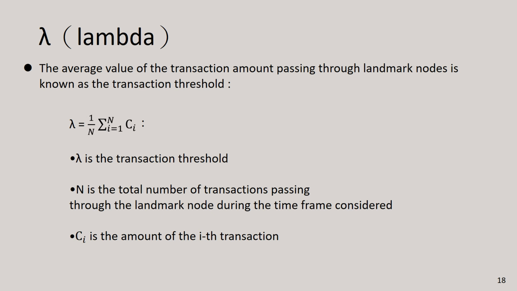When the channel balance falls below lambda, it indicates that the channel may not be able to support new transactions, which increases the risk of deadlock. Therefore, the DPR algorithm utilizes lambda to monitor and manage the channel balance, ensuring there is sufficient balance available to route transactions and reduce the likelihood of deadlock.